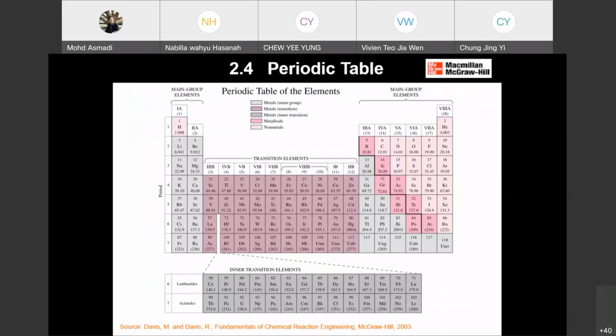Okay, if you know, in the last 2 or 3 years, many new elements have been found. Some missing elements already, like nihonium, which was found by a Japanese researcher. So that is one of the new elements already included in the periodic tables.